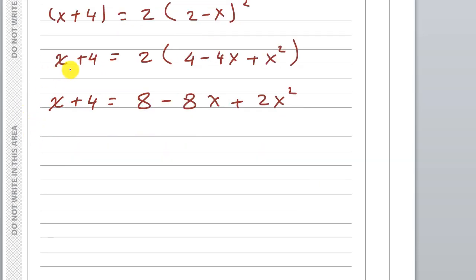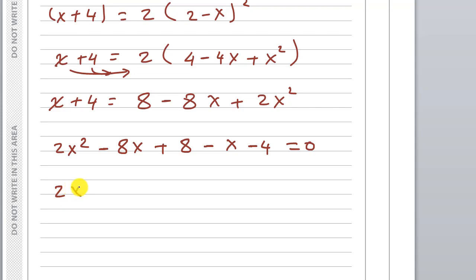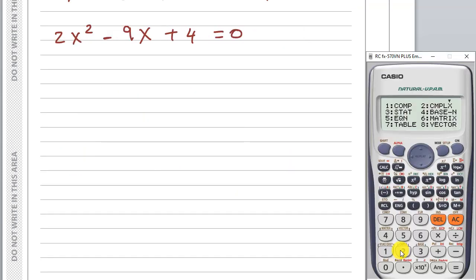Let us bring this part here: 2x squared minus 8x plus 8 minus x minus 4 is equal to 0. So 2x squared minus 9x plus 4 equal to 0.